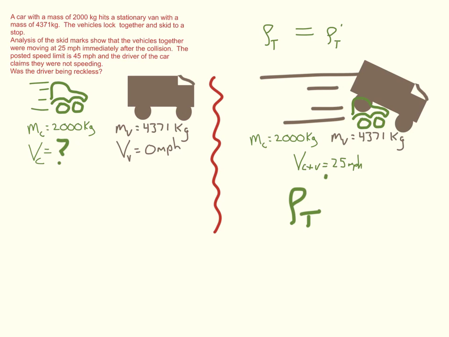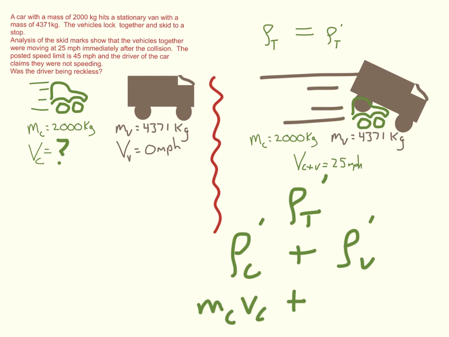To find the total momentum after the collision, we take the momentum of the car and add that to the momentum of the van after the collision. To do that, you take the mass of the car times the velocity of the car, and add that to the mass of the van multiplied by the velocity of the van. And going through this method would totally work.